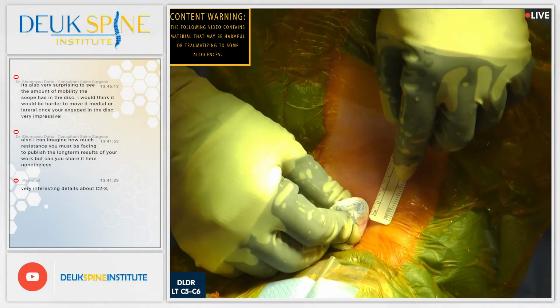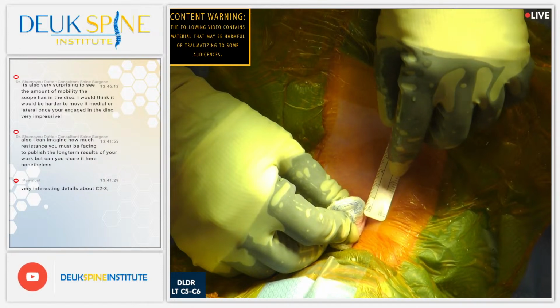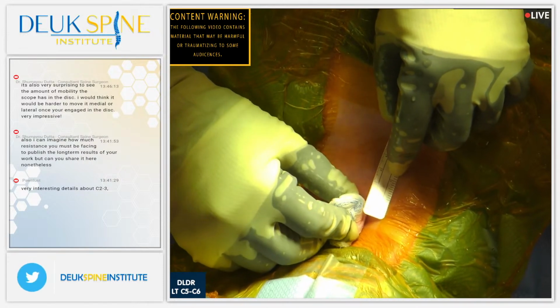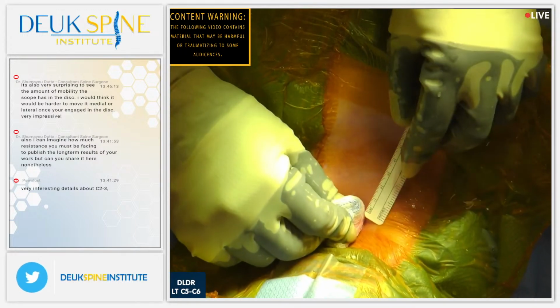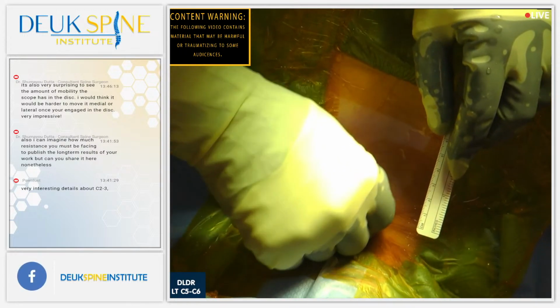Okay, you see how facet joints cause pain. It's injury to the joint, which results in inflammation, and that inflammation causes pain. We'll show you in a moment how we treat it at Duke Spine for a permanent cure.